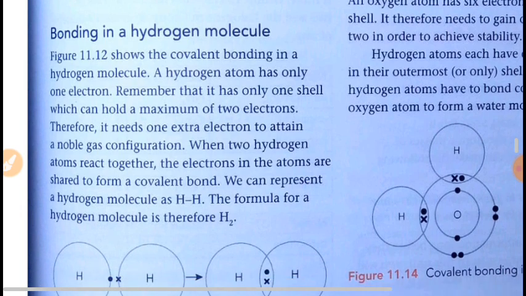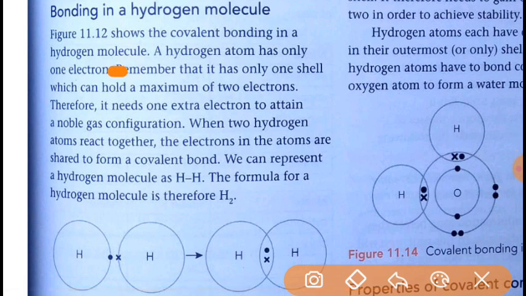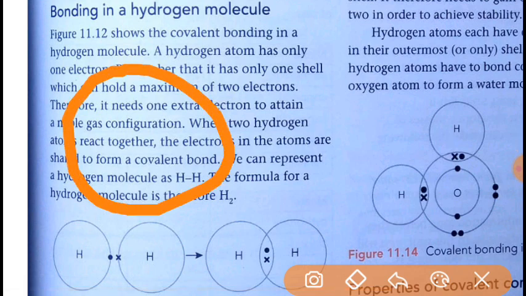Let us take a look at bonding in a hydrogen molecule. From our past tutorials, you have learned that hydrogen has one shell and a nucleus in the middle, and hydrogen has one proton, so this is my P1, which means one proton, and it has one electron.